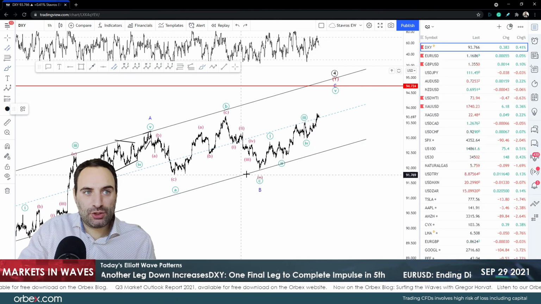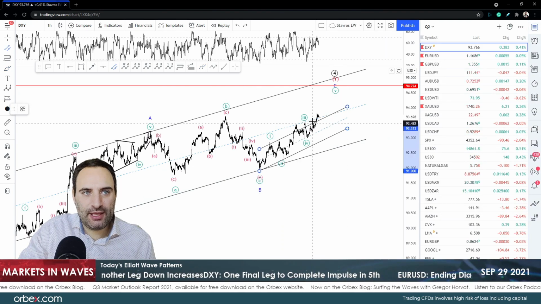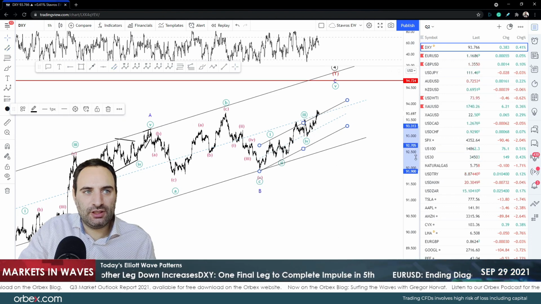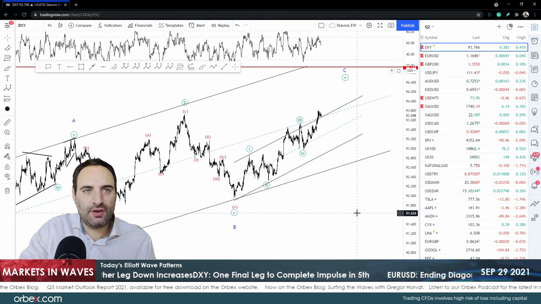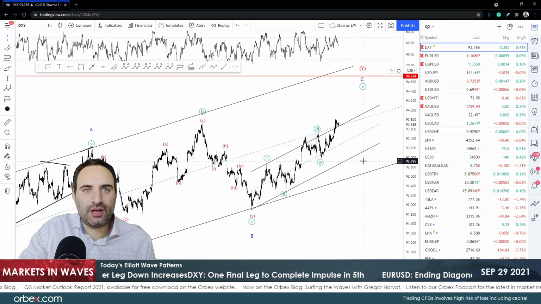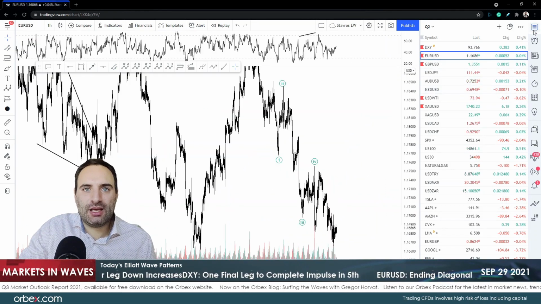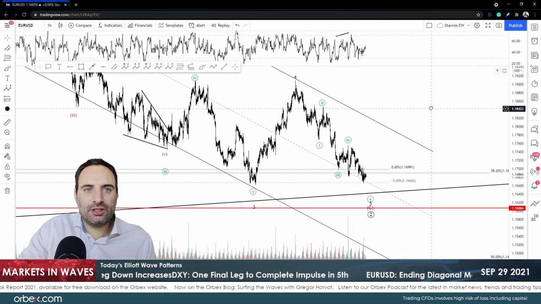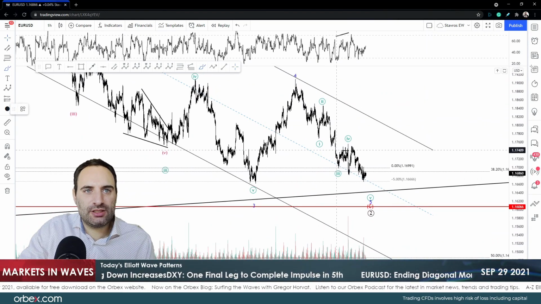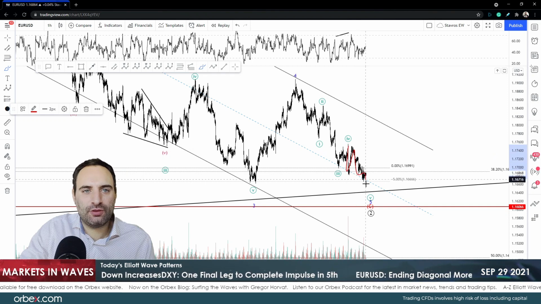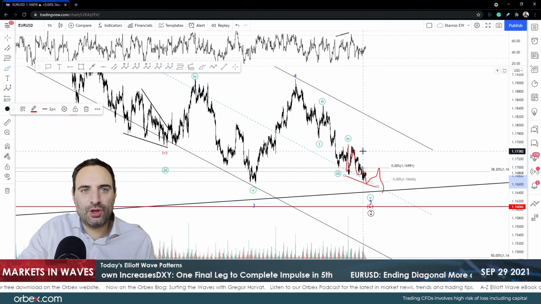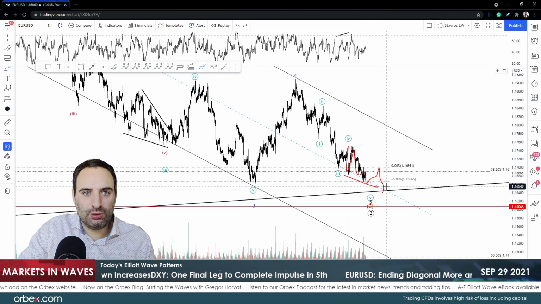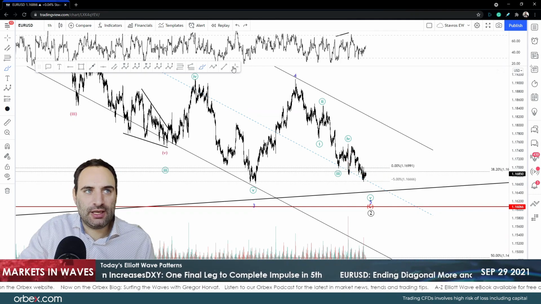Obviously, in the shorter term, you can go ahead and place your channel over here as well, just to get some sort of guide of where prices could be really heading. Euro dollar hasn't done anything extraordinary, so we are still expecting this to end up being some sort of ending diagonal over here, okay, and expecting a lower low for that, of course, to be the case.